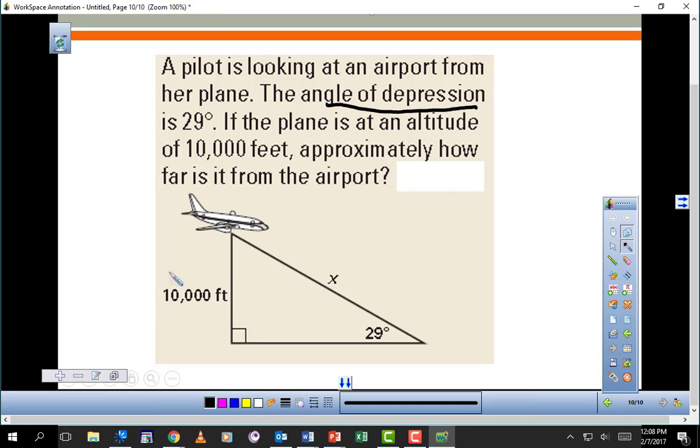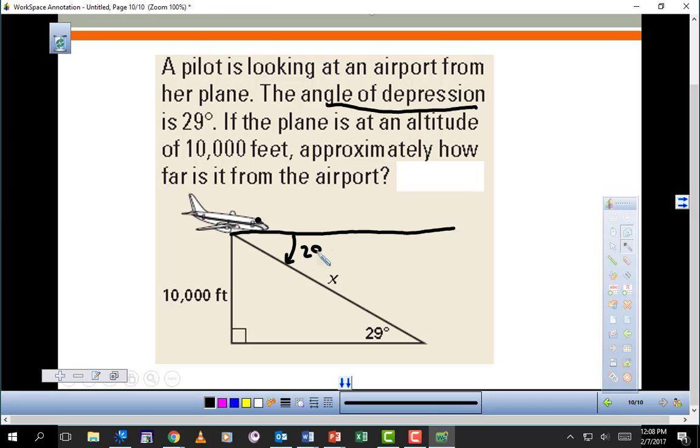That's what's misleading about this picture. It says the pilot is looking at an airport from her plane. So the pilot is here, looking at the airport. It says it makes an angle of depression. Well, the horizon line would be out this way. You see? The angle of depression does go down.